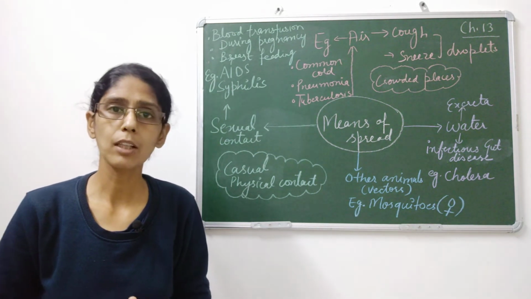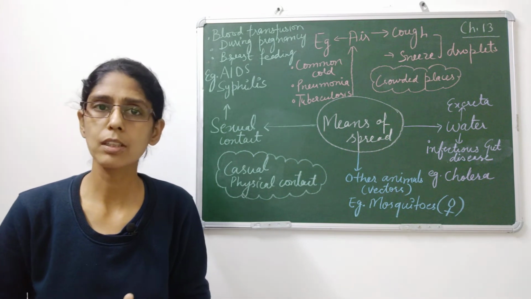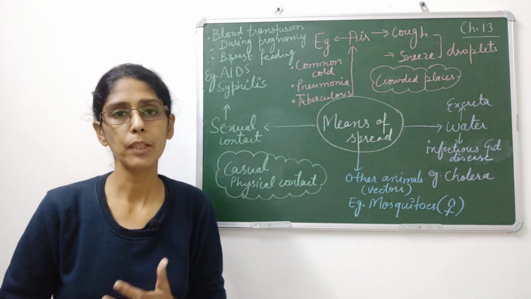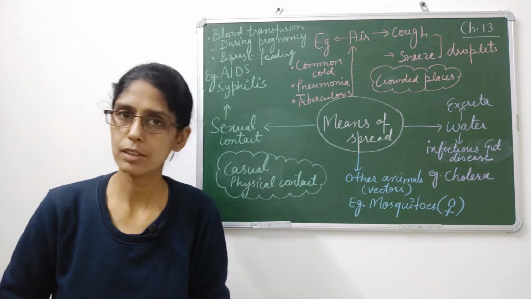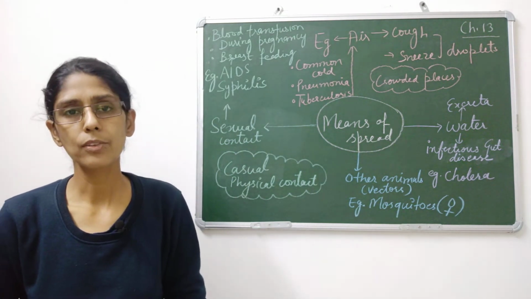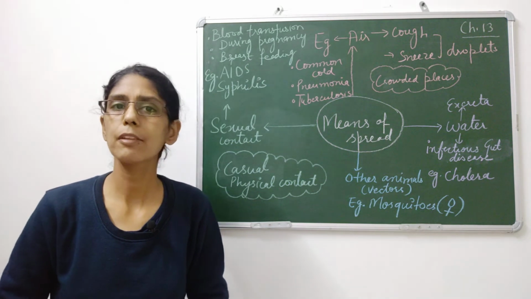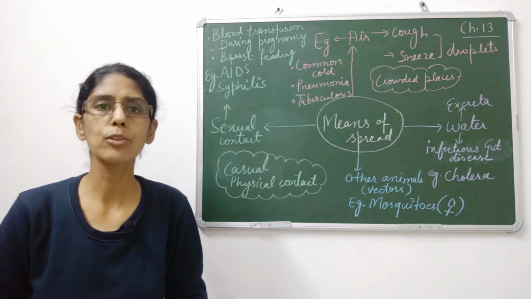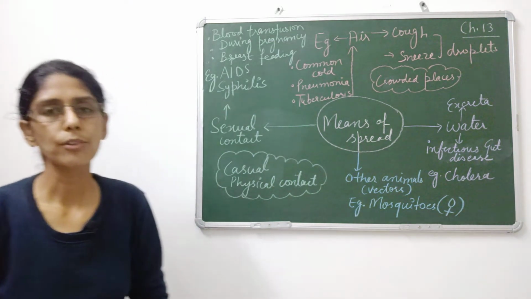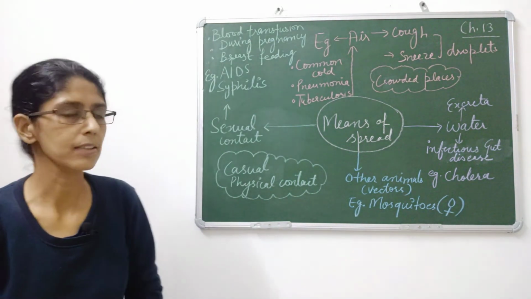So this is done unknowingly. There are a lot of regulations related to this. Whenever blood transfusion is done, that blood is tested for all the infectious diseases related to blood. So chances of this happening are very less, but we cannot say that chances are zero. We cannot rule it out altogether. So we need to be careful in this case.